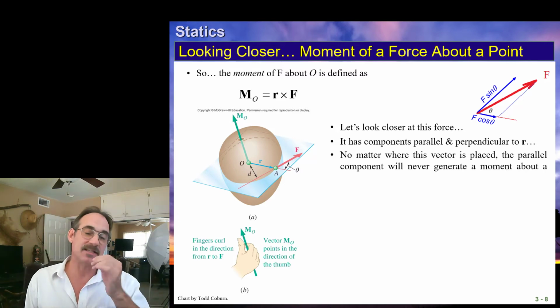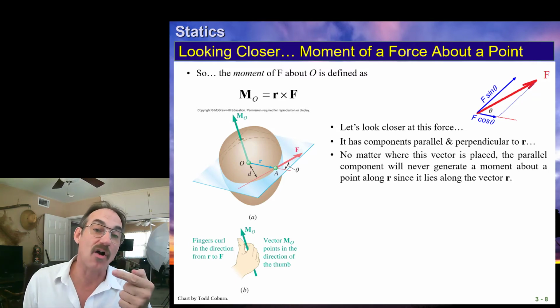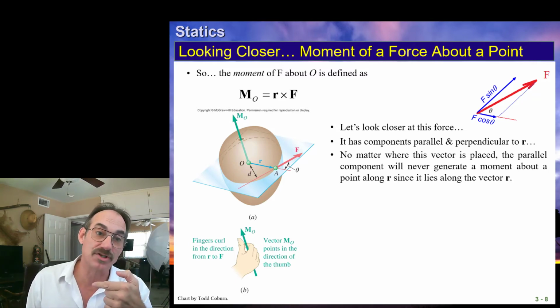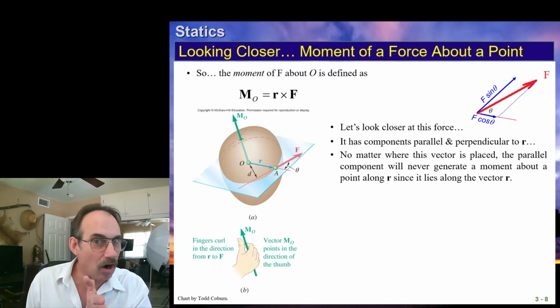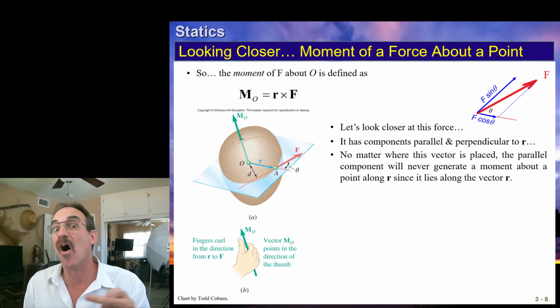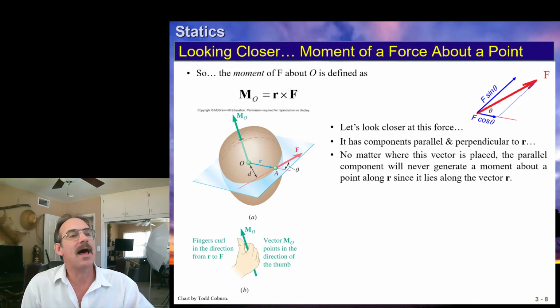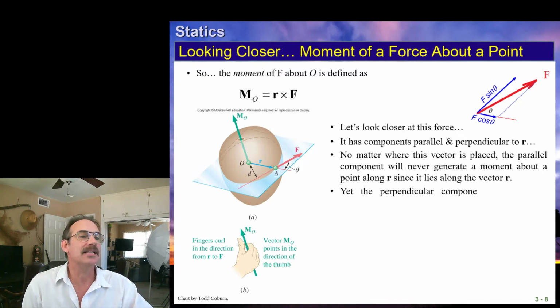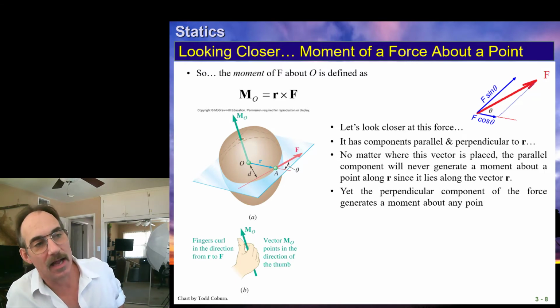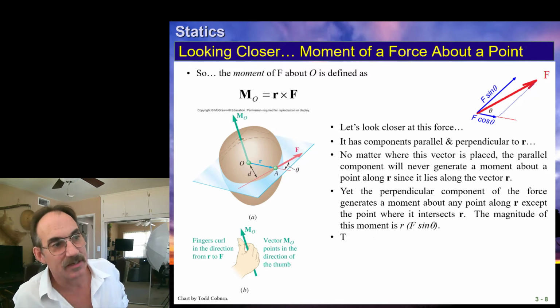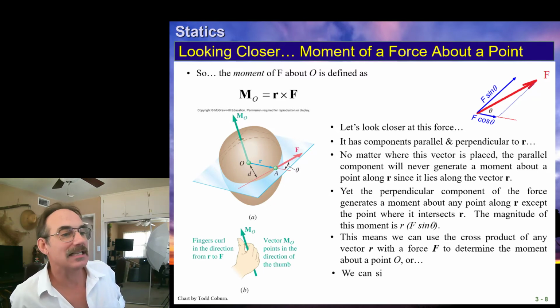So you can look at this as saying, okay, I'm looking for the component of F that's perpendicular to my R vector, my position vector. Okay? So no matter where that vector is positioned, the parallel component won't generate a moment, but the perpendicular component does. I talked about this in depth on the last slide.